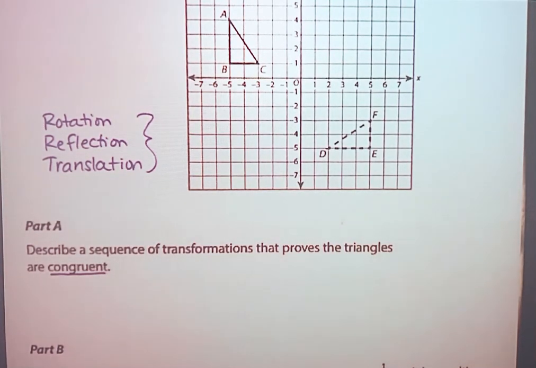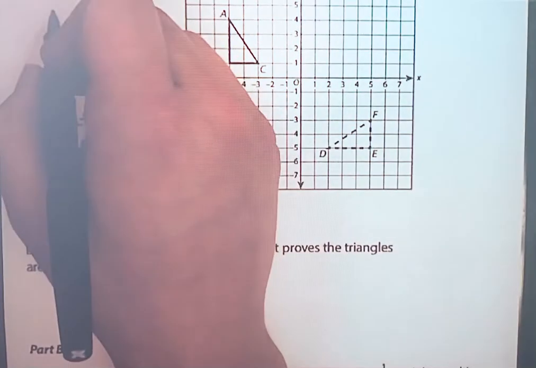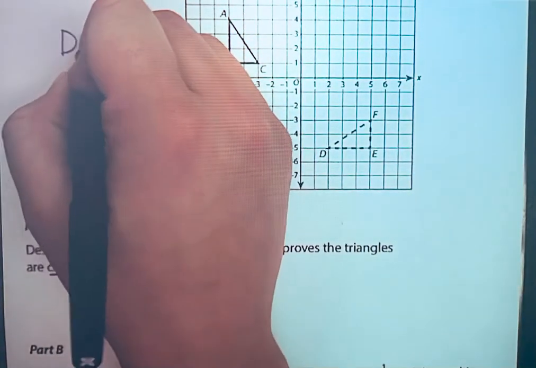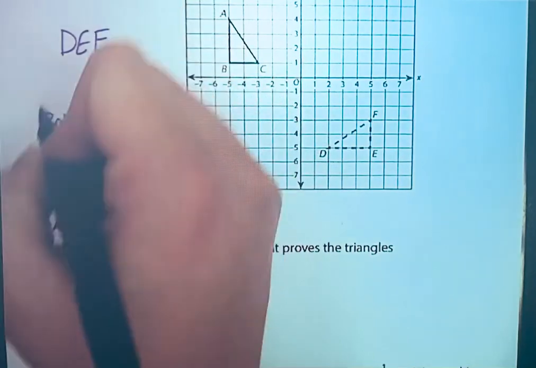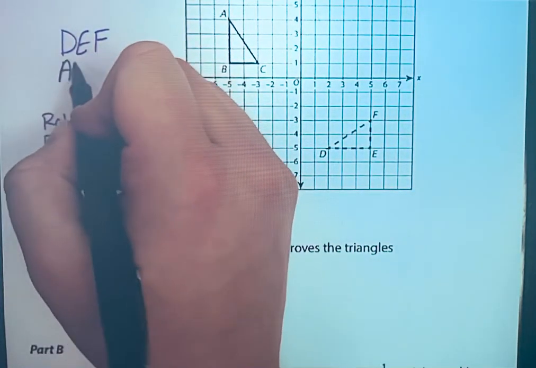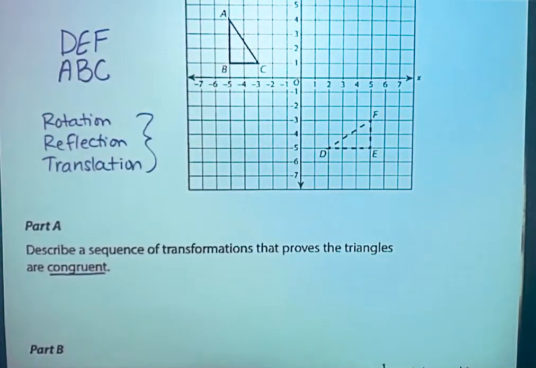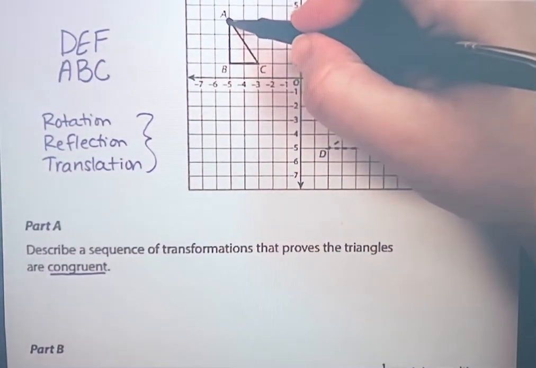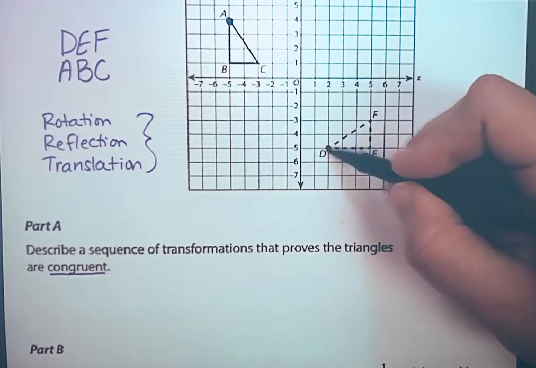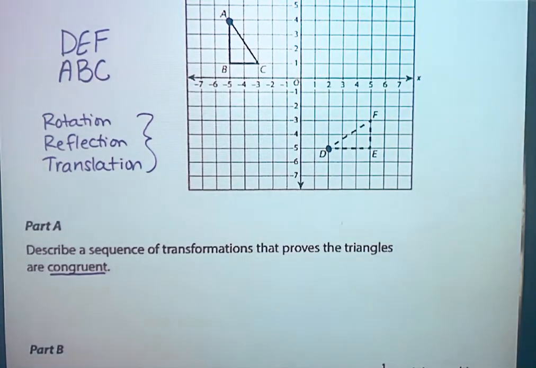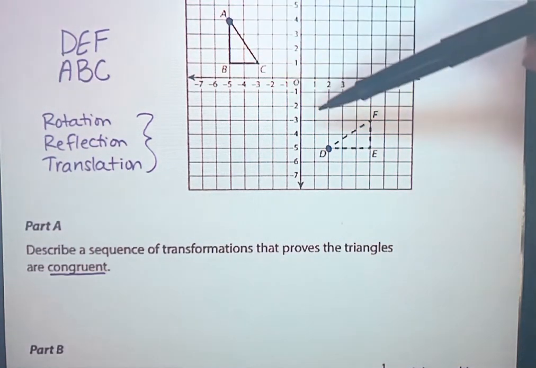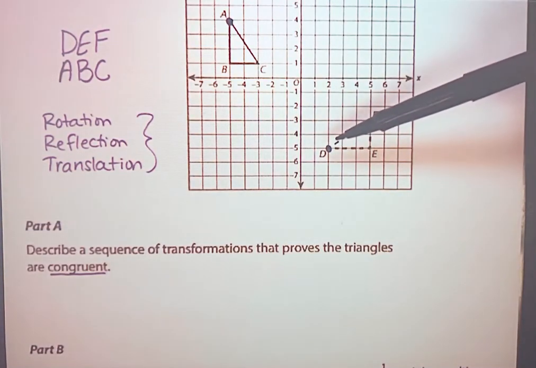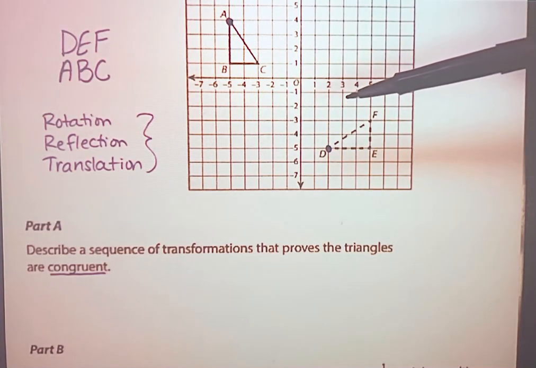So, let's look at the image. I see DEF is what it becomes, but it starts as A, B, C. So A is going to match up to D. So again, kind of like the last problem, there's no way for A to become over here unless a rotation happens.